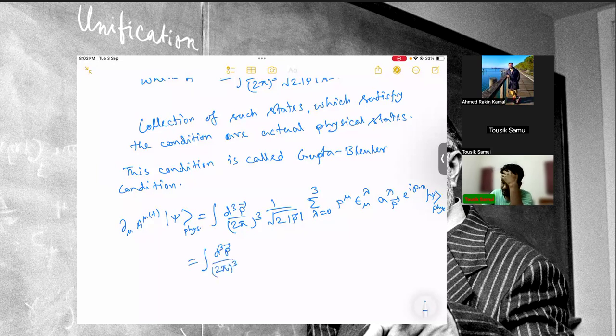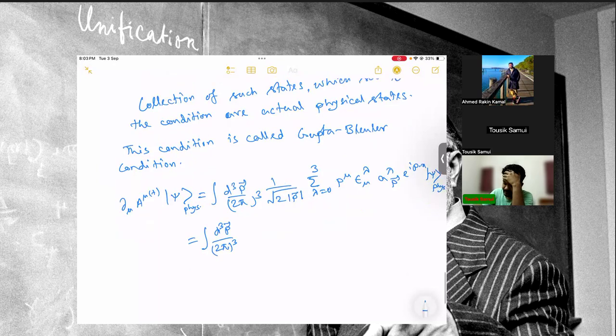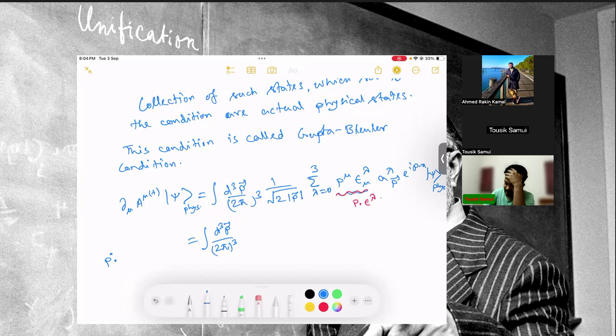Okay, so now remember that we can always choose p dot epsilon. So let us write it again here. This one is nothing but p dot epsilon lambda, right? And we have already chosen p dot epsilon 1 and p dot epsilon 2 to be 0.